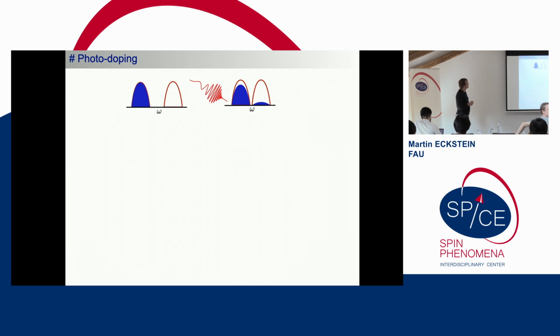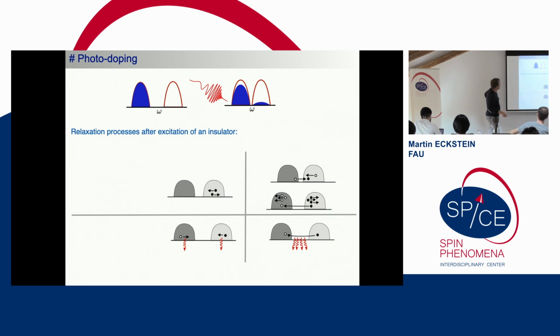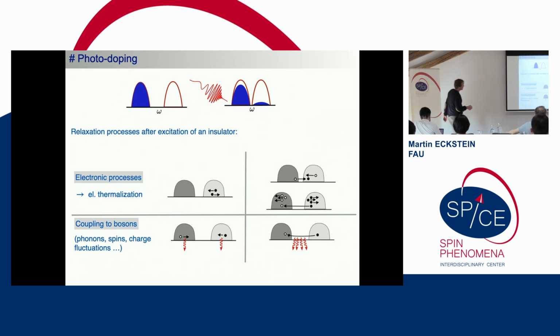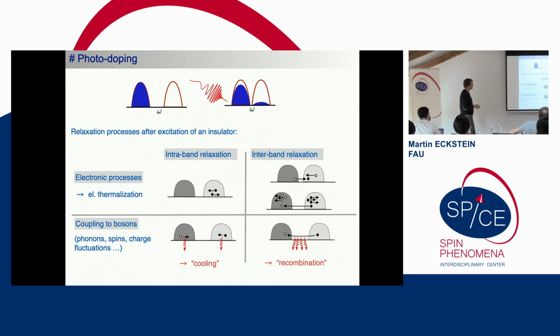So photodoping, as I said, means that you use a laser pulse to transfer electrons over a gap, and then usually certain relaxation processes set in, which you could classify as electron-electron scattering or relaxation, passing energy on to bosonic excitations, spin, phonons, and so on. You can classify them as intraband, which keeps the number of carriers in the band constant, or interband relaxation, such as the recombination of electron and hole, where the energy goes either into exciting other carriers which are around or into a bath.